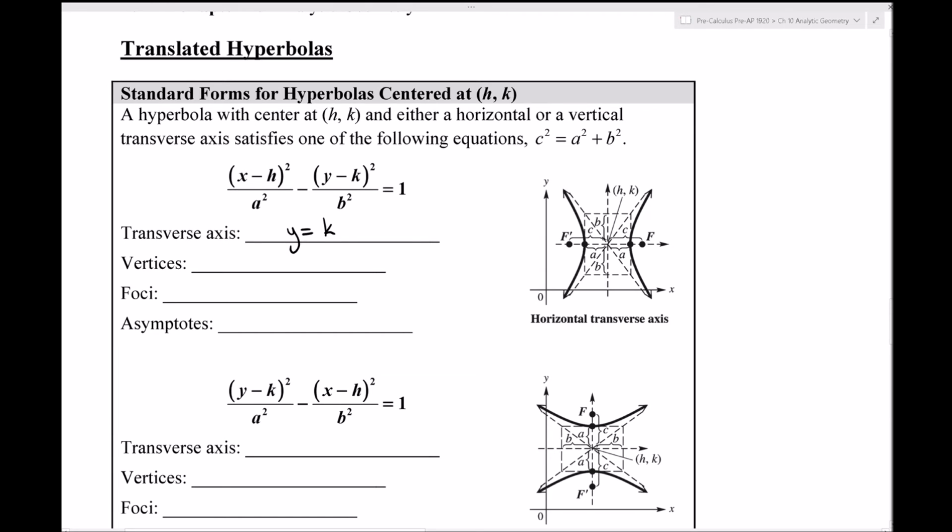Your vertices run along this transverse axis, so the y-coordinate will be k for both. The x-coordinate is going to vary. It's h, the x-coordinate of the center, offset by the value of a. So it's h plus or minus a, comma k.